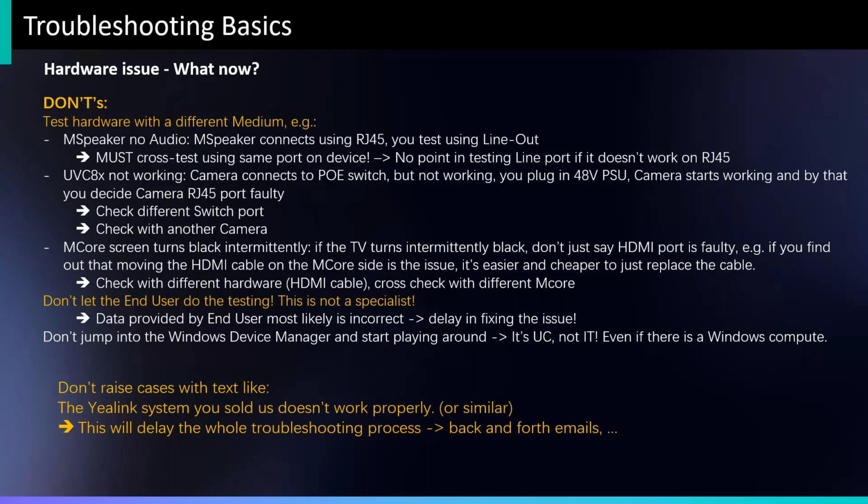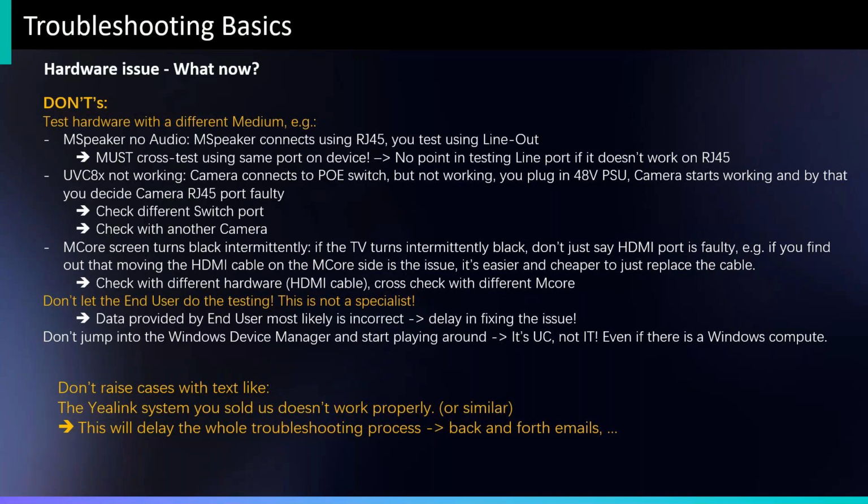It doesn't make any sense to connect the speaker to a notebook and say, the speaker is working, therefore the camera is faulty. So test the actual condition of the device.